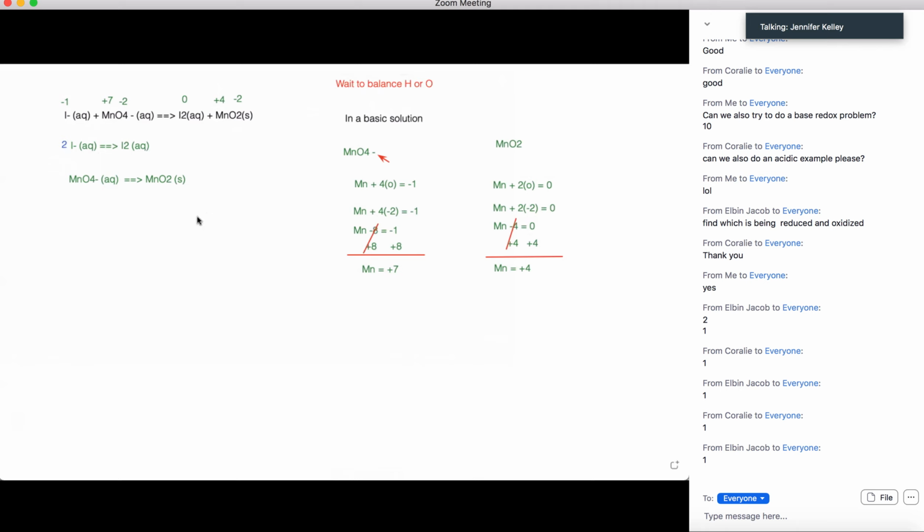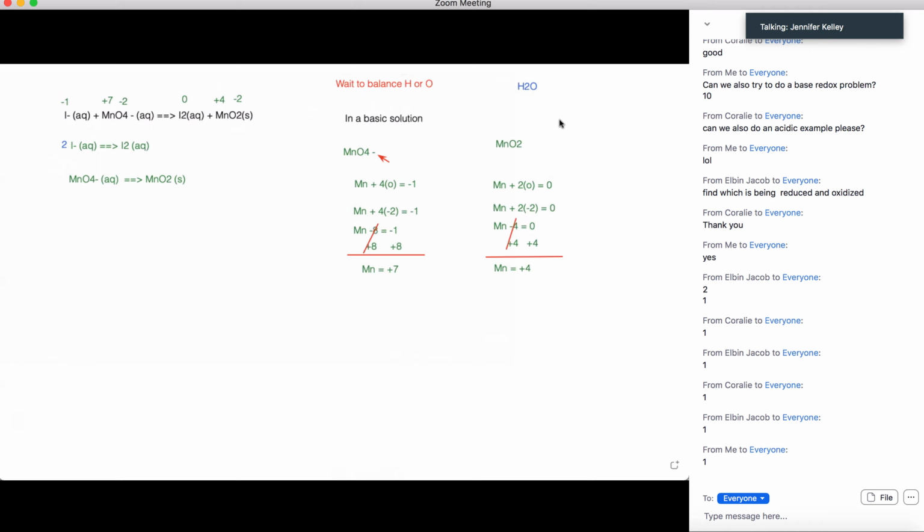So now that those are balanced, we want to balance the oxygen. So I have 4 oxygen on the left and 2 on the right. So I have to add some water. If you look at the formula for water, how many oxygen are in a water? So it's good.